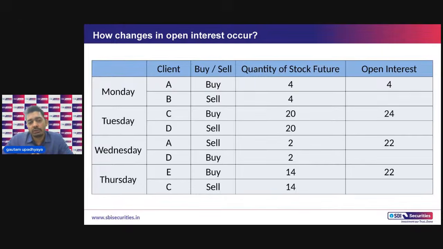But in each of these scenarios, whenever a transaction happens and the open interest does not increase, the volume will keep on increasing, because every trade that happens, each buy and sell, gets reflected in volume, but it will not get reflected in the open interest.